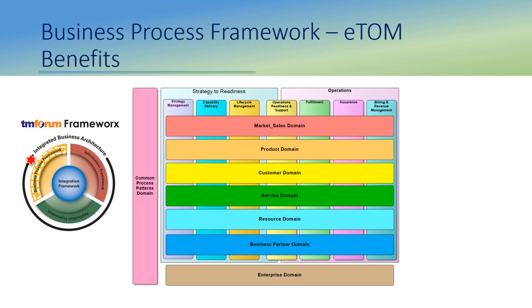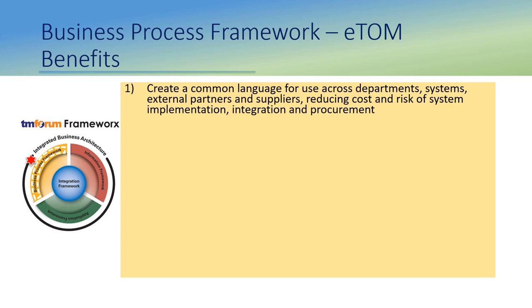First, let's start with the ETOM benefits. 6 things that you can do using business process framework are: create a common language for use across departments, systems, external partners, and suppliers, reducing cost and risk of system implementation, integration, and procurement.